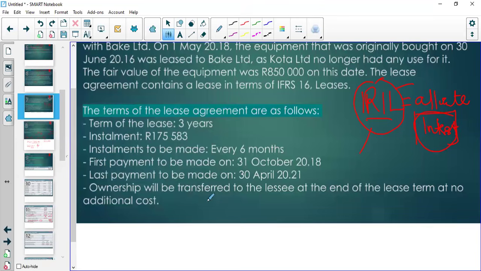So that's why we're going to calculate the interest rate implicit in the lease. So your arrear will be N equal to 3 years times the number of payments per year. So it's every 6 months, so 2 payments per year gives us 6. Right.